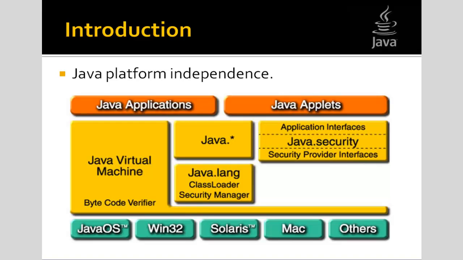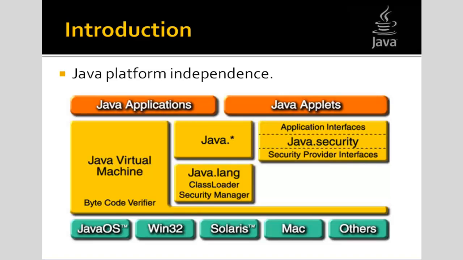Instead, our Java code executes within a virtual machine that sits on top of whatever host operating system is executing. And our Java code can then be moved to any other virtual machine on any other hardware or operating system and execute the same way, because the Java virtual machine interprets that code the same way no matter where it's running.